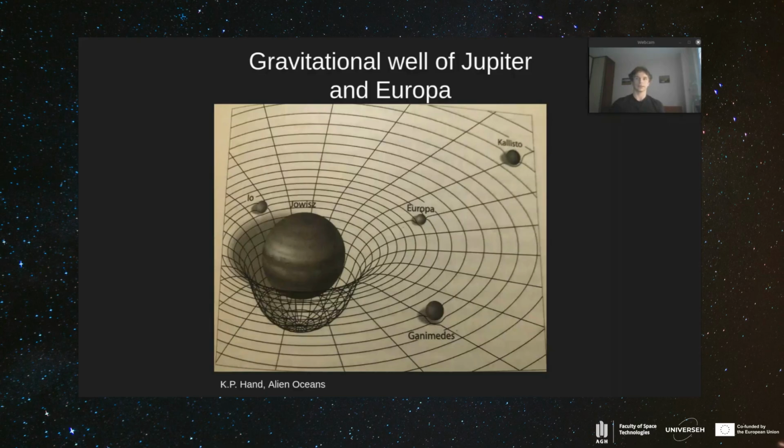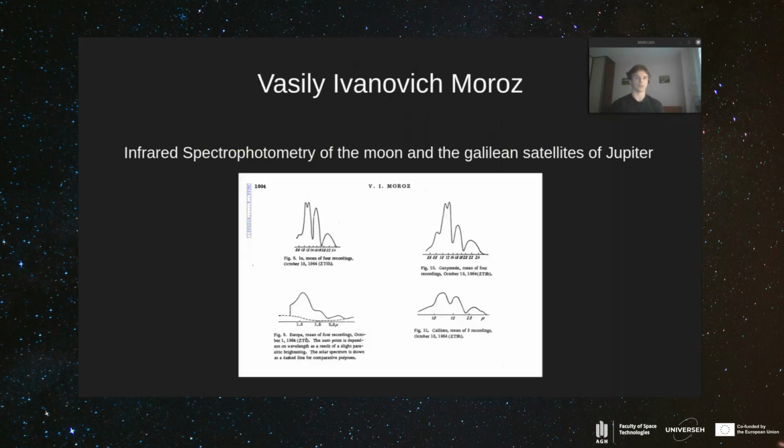Okay, and next, I would like to mention one researcher. It's Vasily Ivanovich Moroz. I think there are different spellings of his name, however, I have stumbled on this one the most often.